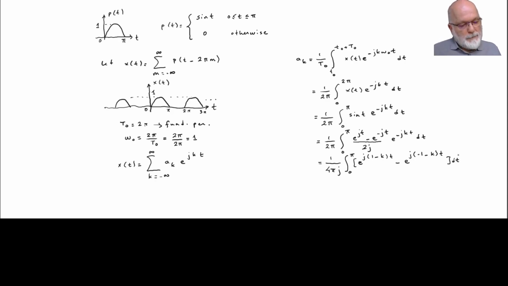Now let us continue with the details of the calculation of this integral expression. Let us write down ak. The coefficients are evaluated in terms of this integral from 0 to pi of e to the j(1 minus k)t minus e to the j(minus 1 minus k)t integrated with respect to t.